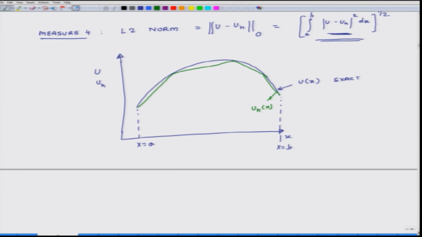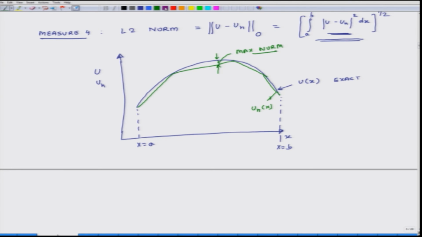So, this is uh of x, right. So, my max norm is this difference, this is max norm, because the difference is maximum at this point.